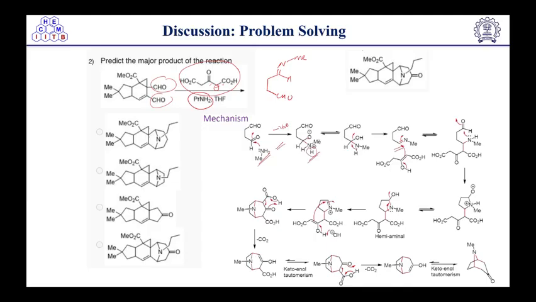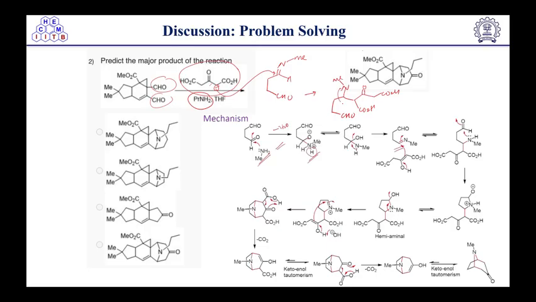Then that enolate will attack on this iminium ion here and we will get the intermediate. CHO will remain as it is. Got it?